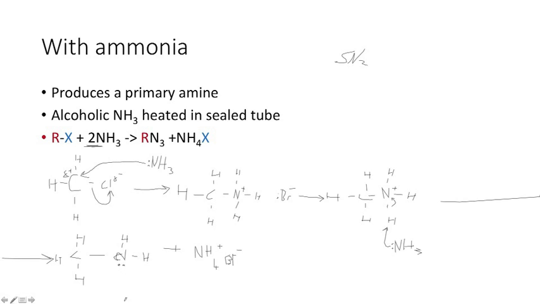But this is also going to go on to react because it has its lone pair. Therefore, we're going to keep reacting with this until we reach an ammonium salt, which is quaternary. Therefore, it won't have any more lone pairs. But this will be covered more in amines.